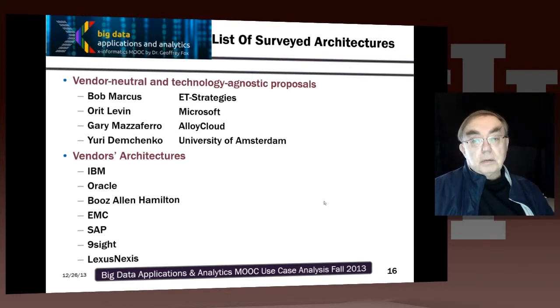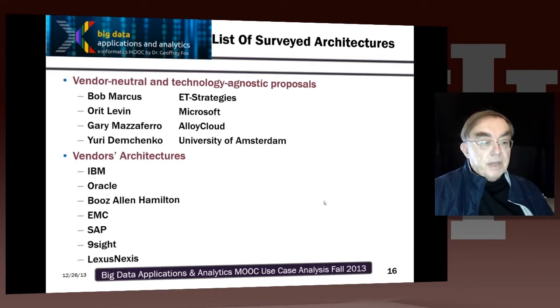So, as appropriate, this subgroup started off by looking at lots of different architectures. We had some which are called vendor neutral and technology agnostic, generic architectures from Bob Marcus, Dorit Levin, Gary Mazzaferro, and Yuri Demenchko. You know, there's three commercial and one academic.